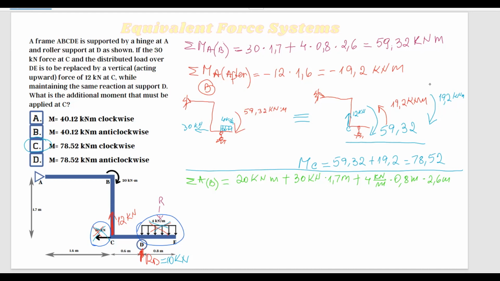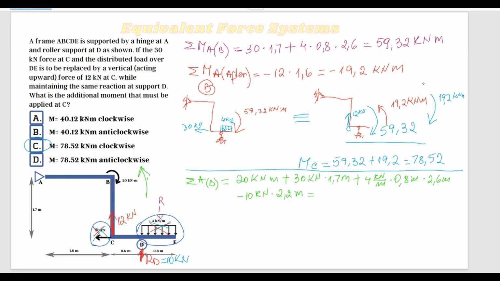And now we have the reaction at D, which is negative, minus, because it's counterclockwise direction about point A, right? It rotates this way. So minus 10 kilonewtons multiplied by the arm, which is 1.6 plus 0.6, and that gives 2.2 meters. And I am done with all the forces.